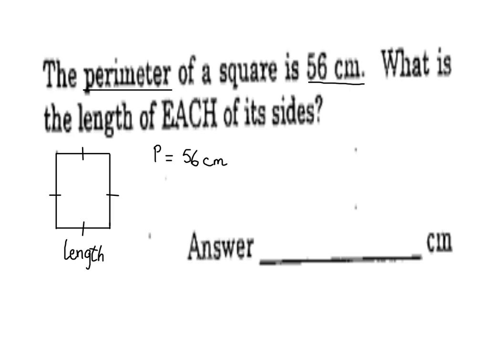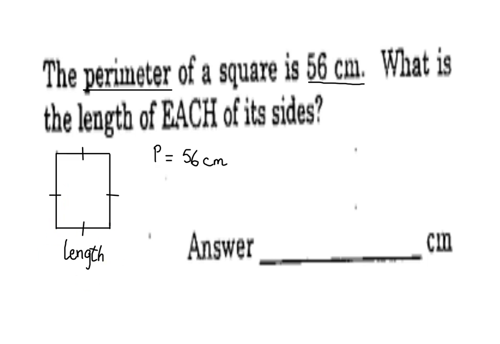So the first thing is, perimeter is the distance around the shape. So the distance around the square is the length of not just one side, but how many sides does this square have? 4. And they all are identical, right? So if they all are identical, that means that you're just basically finding 4 times the length of one side.